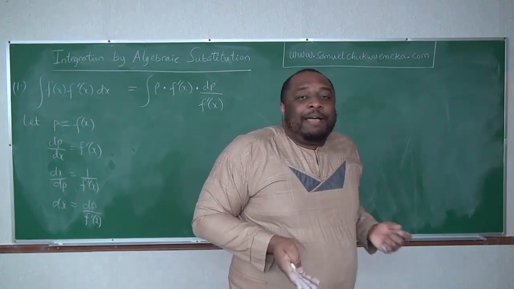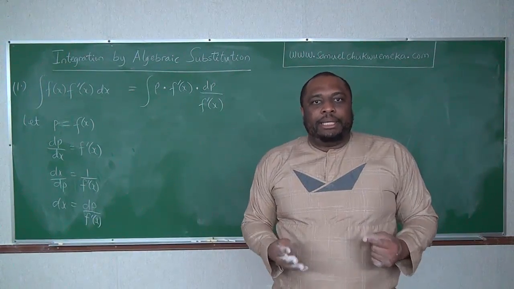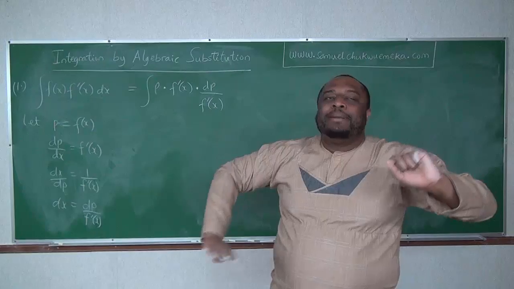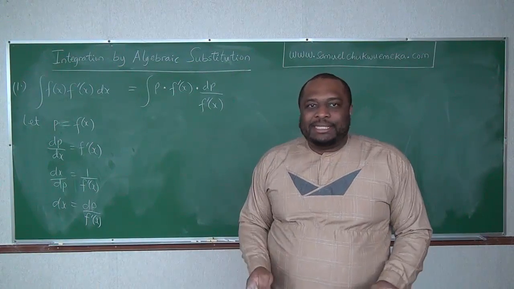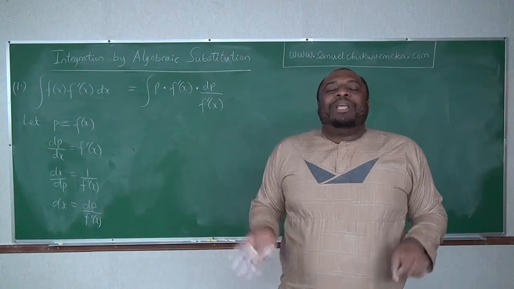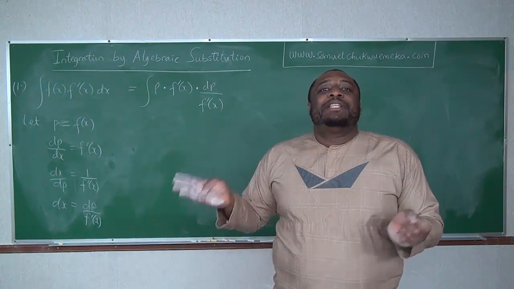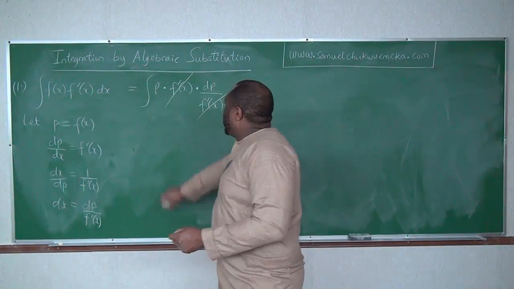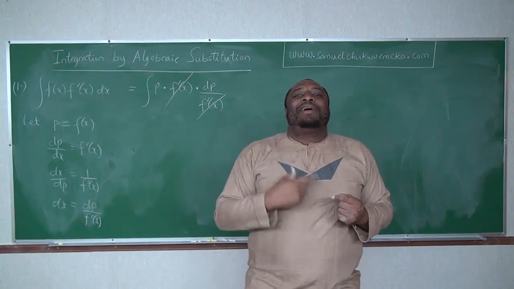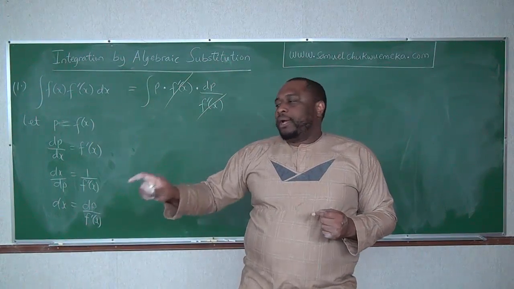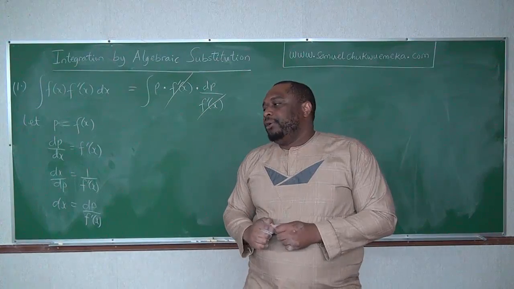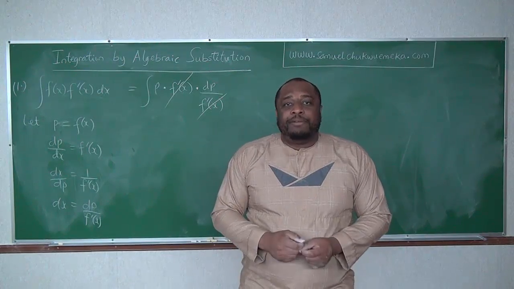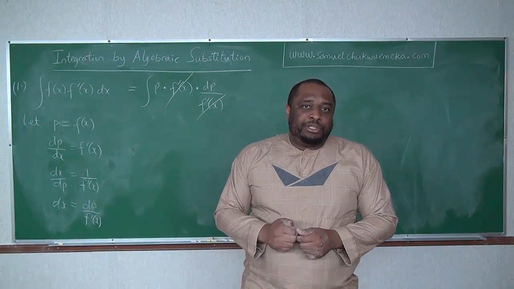Normally, not every case, but normally, the main goal of algebraic substitution is to simplify the problem so that you can just integrate. And when you do that, something is expected to cancel, to cross out, just like this now cancels out. However, there are some trick questions, we're going to look at those later in this video, where it might not cancel out and you can still solve it by algebraic substitution.